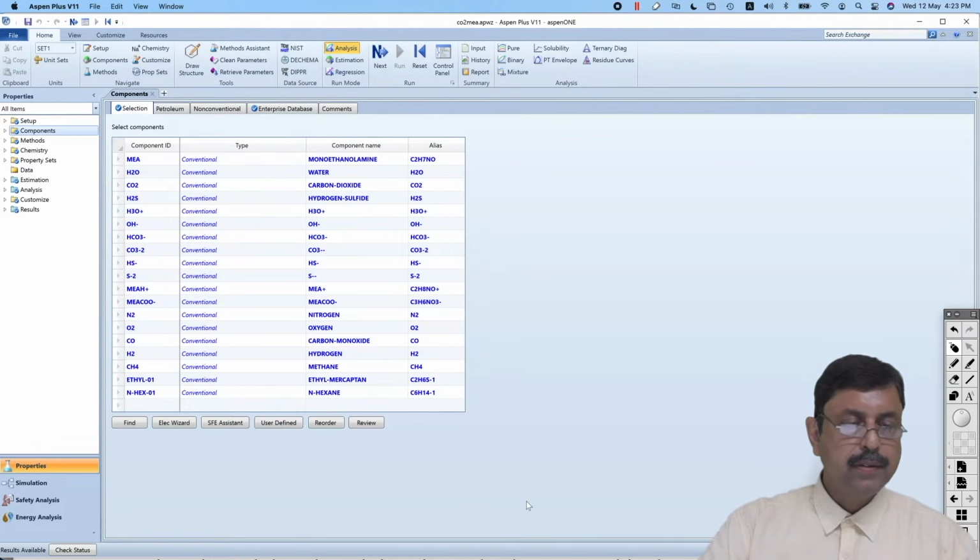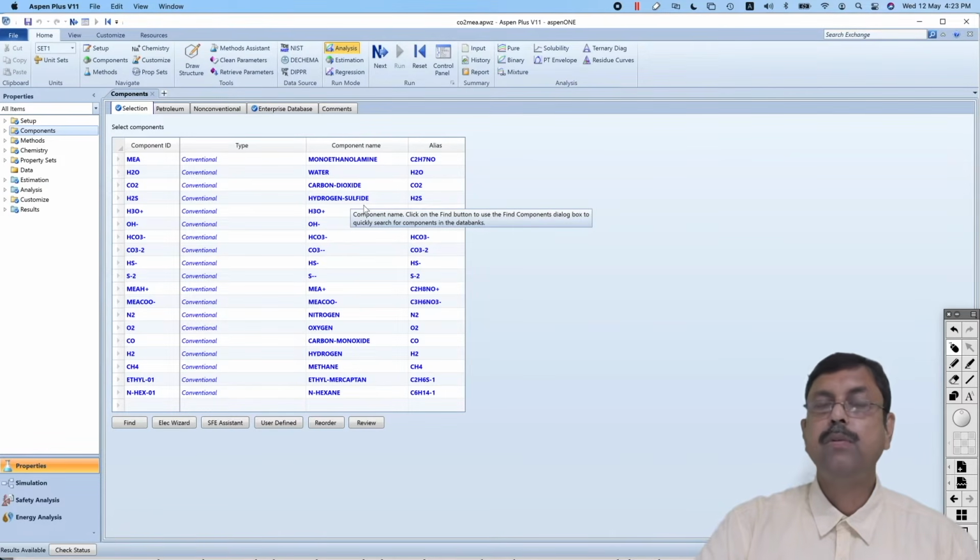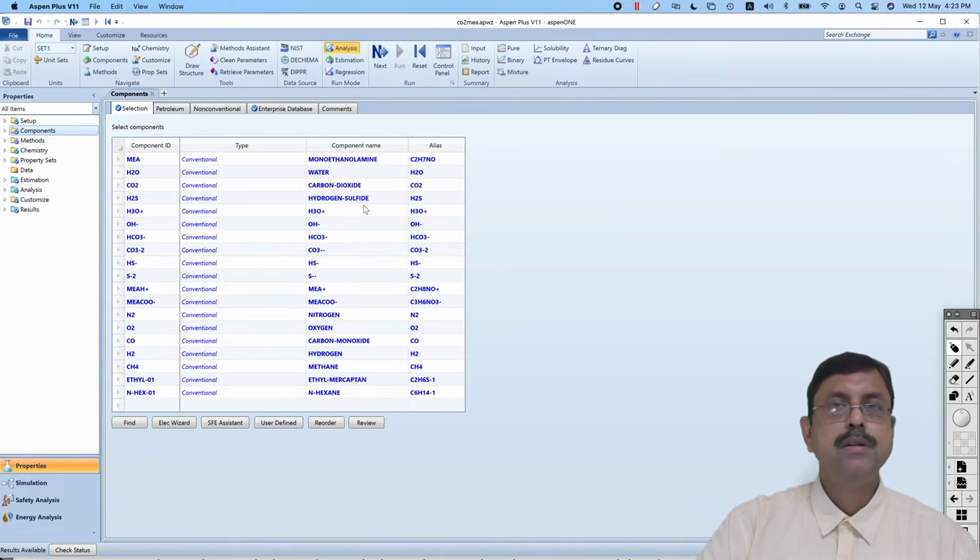Yeah, so this is the simulation window. Now you have all the components selected, that is monoethanolamine, water, carbon dioxide, hydrogen sulfide. Now you may ask me why hydrogen sulfide, because hydrogen sulfide may be present in flue gas as an impurity. Obviously not in large quantity, small quantity maybe.